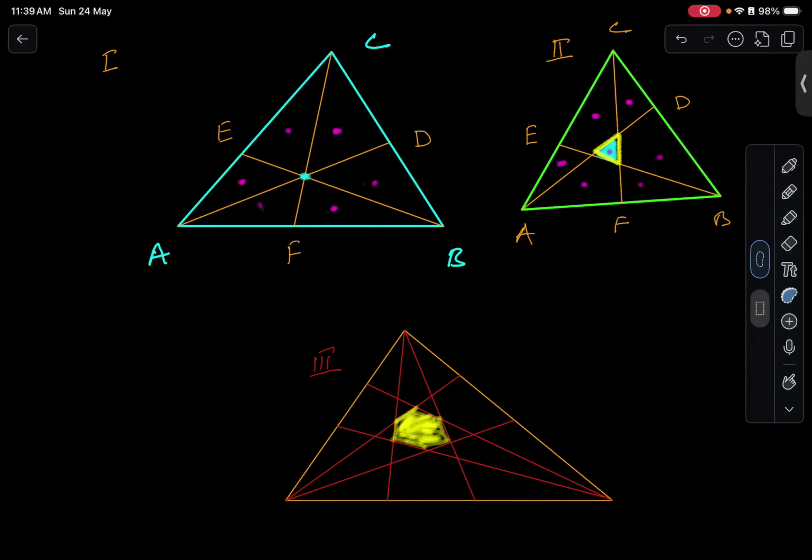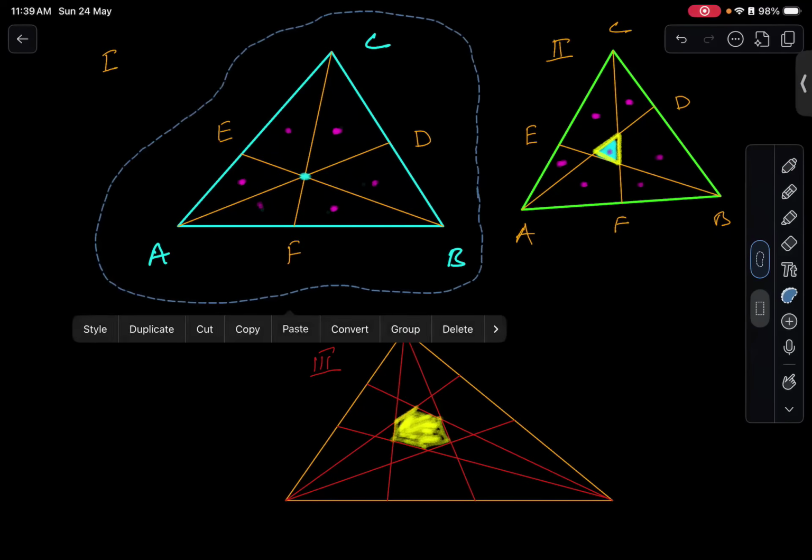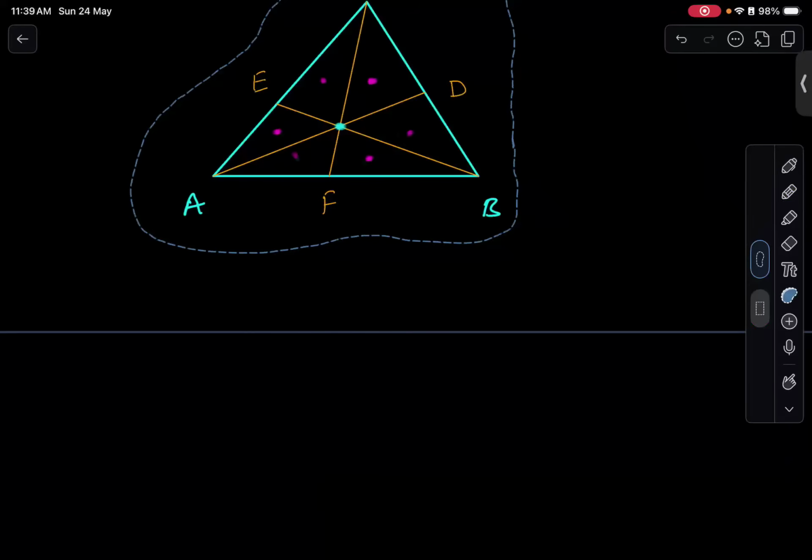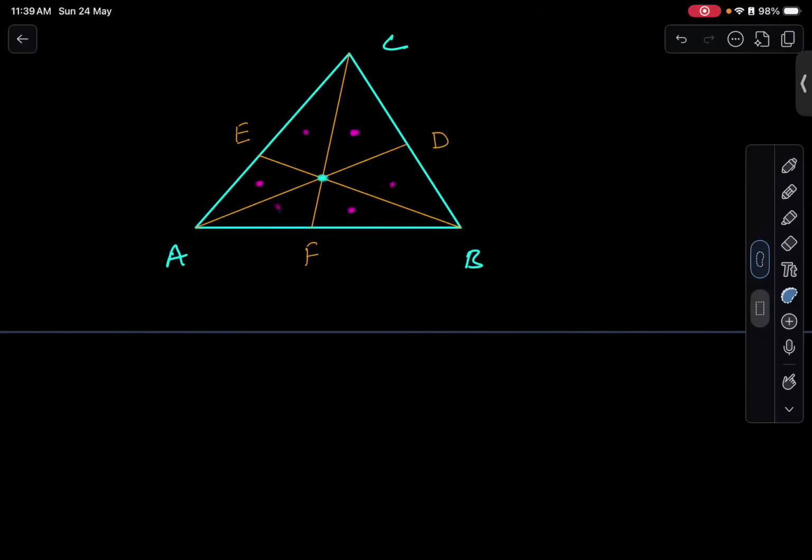So I'm starting with the first one. The first situation is when some of the areas are given. So this ABC is given. And now a few of the areas are given and a few are not given.